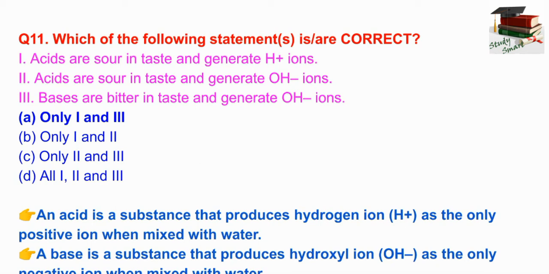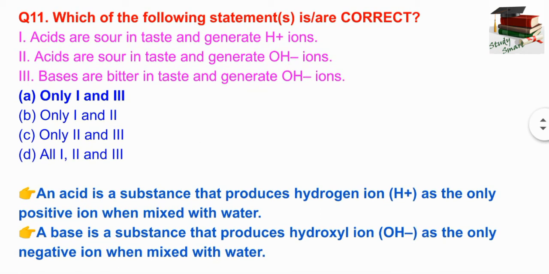First we see what is acid and base. Acid is a substance that produces hydrogen ion, the only positive ion, when mixed in water. Now see base. Base is a substance that produces hydroxyl ion, that is OH minus ion, the only negative ion, when mixed in water.